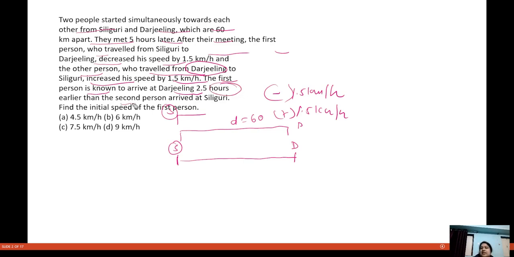The first person is known to arrive at Darjeeling 2.5 hours earlier than the second person arrived at Siliguri. Find the initial speed of the first person.